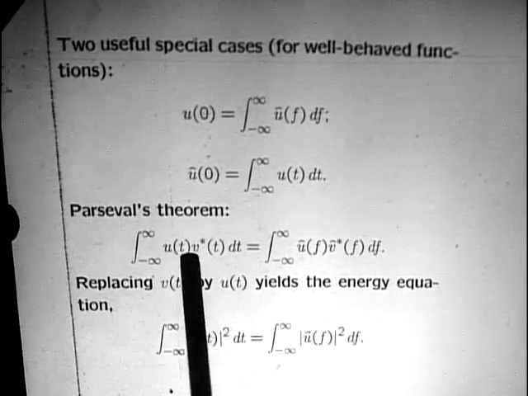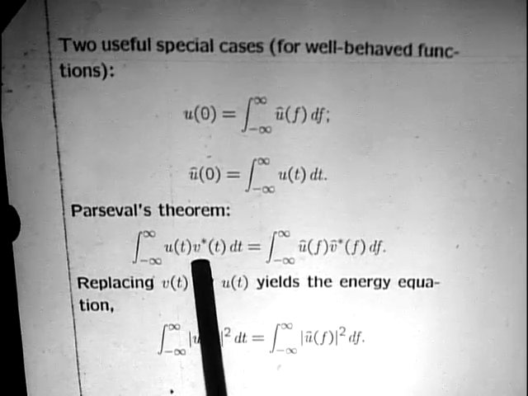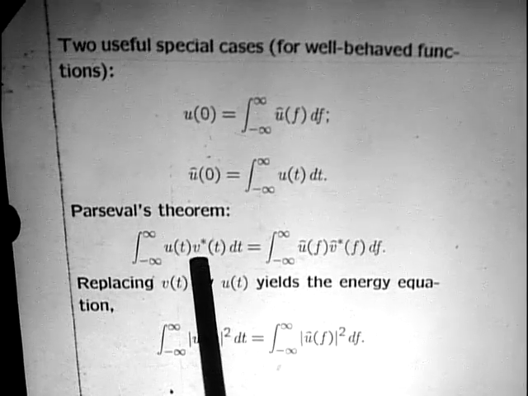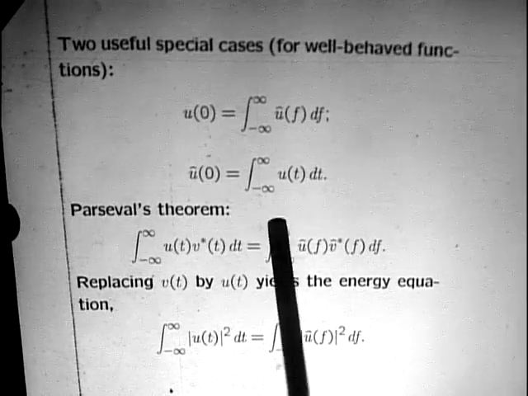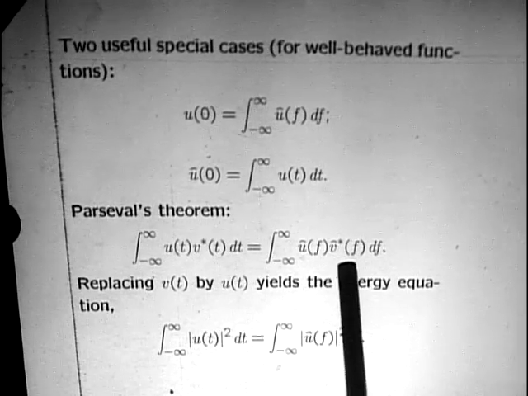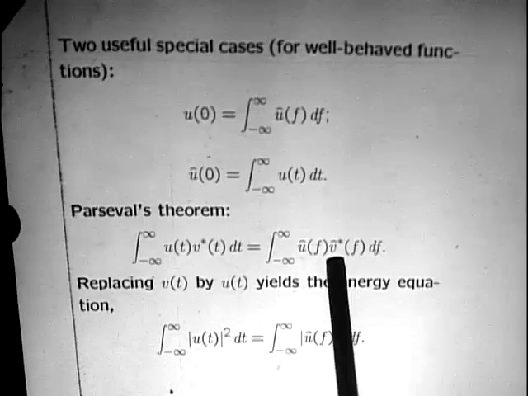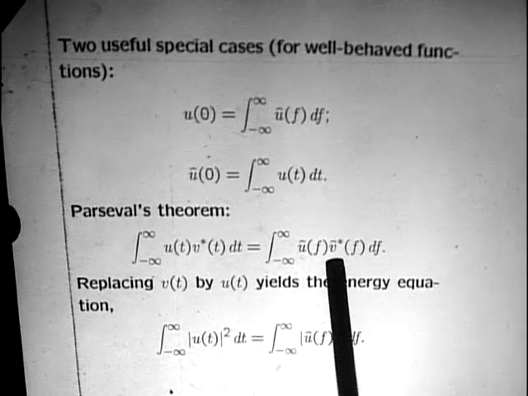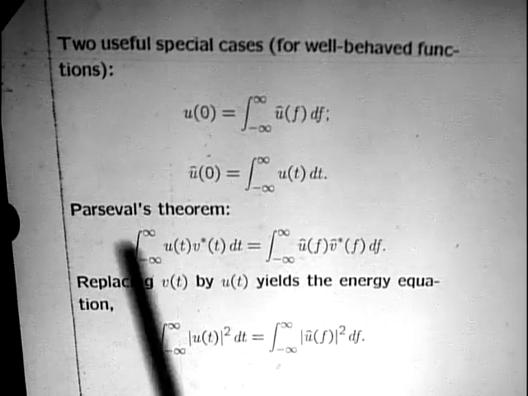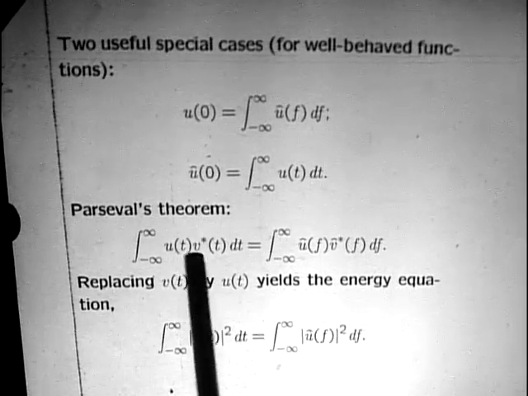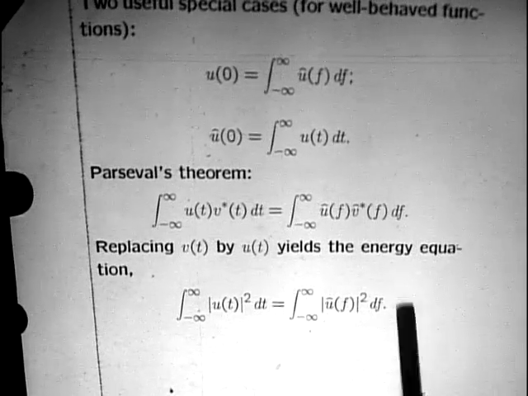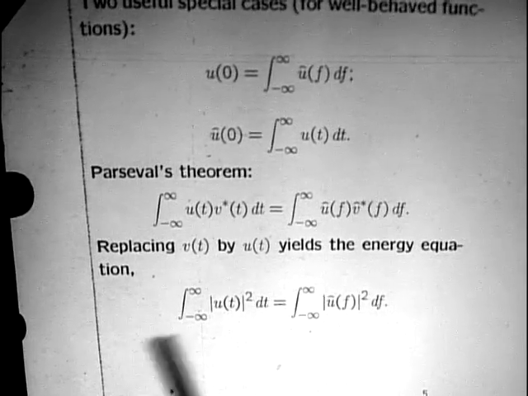You get the integral of u(t) times the conjugate of some other function v(t) equal to the integral of u hat(f) times the complex conjugate of v hat(f). Much more important than this is what happens if v happens to be the same as u, and that gives you the energy equation, which is what I was talking about.